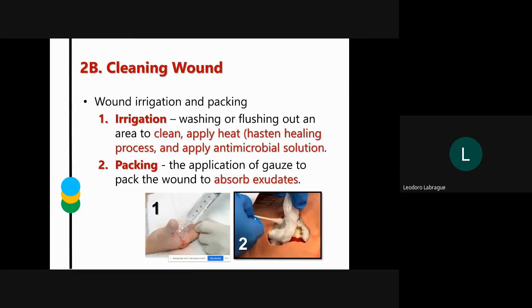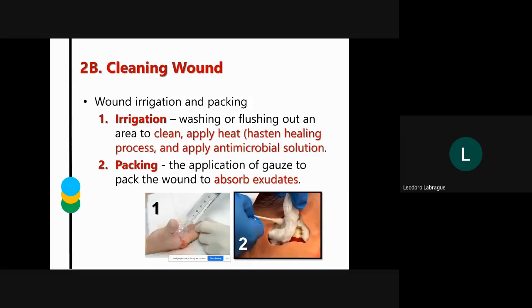I want you to look at the photo number 2. What I can see is that the patient has a third stage pressure ulcer. Third stage or fourth stage, I can already see the muscles and some subcutaneous tissue. Now, after the doctor cleanses or irrigates the wound, observe that the doctor applied gauze inside the wound.